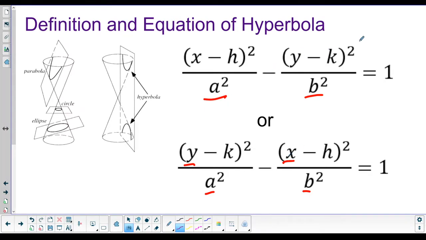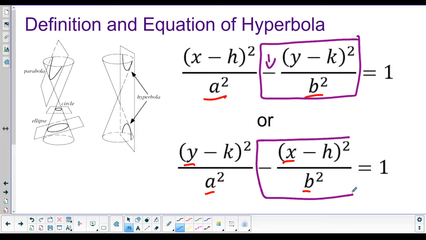You want to think about this as the y term is now negative, or the x term is now negative. Whichever one this negative is on is going to completely change the way our graphs look. So we just need to be conscientious of that and make sure we're looking for it so we make sure that our hyperbola is oriented in the correct direction.